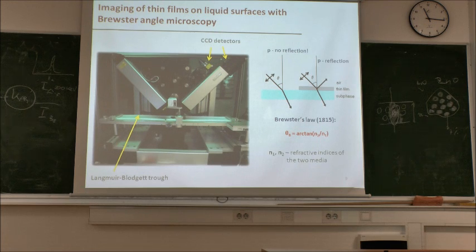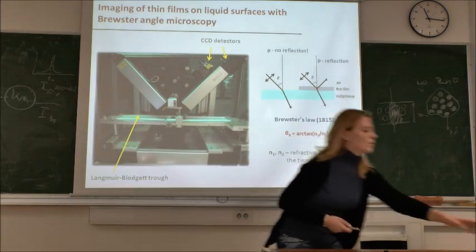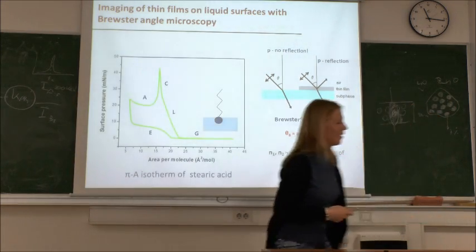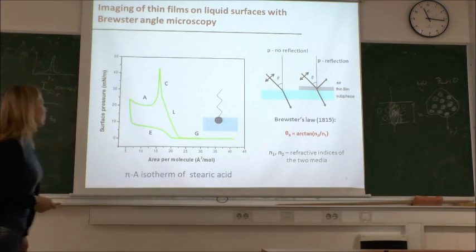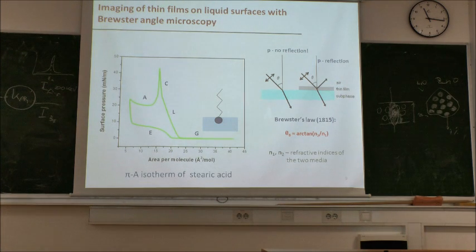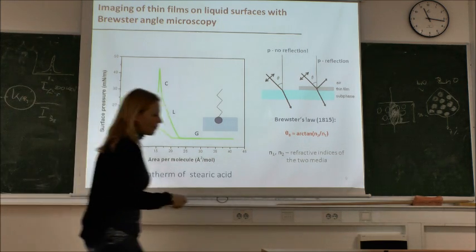And during the compression, the monolayer goes through different 2-dimensional phases. At the end, we obtain a so-called surface pressure area isotherm, which is characteristic for each monolayer. Here is presented the surface pressure area isotherm of stearic acid.